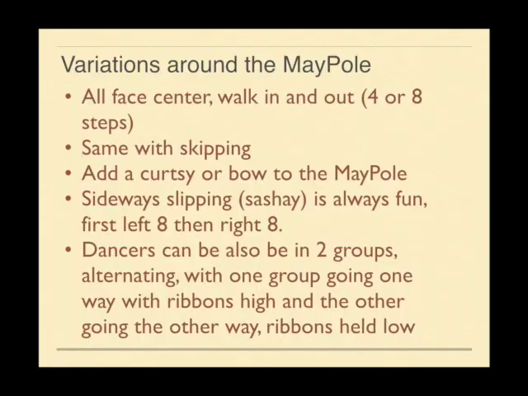Slipping sideways, a sideways sachet, is always nice. Often a phrase of 8 to the left and 8 to the right and home, all the way to home. And another simple variation is to have the dancers be alternating. Maybe 1s and 2s would be a simple way to describe it, but you would have a more imaginative picture.